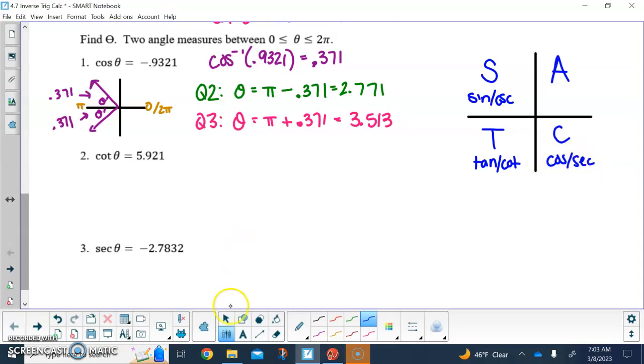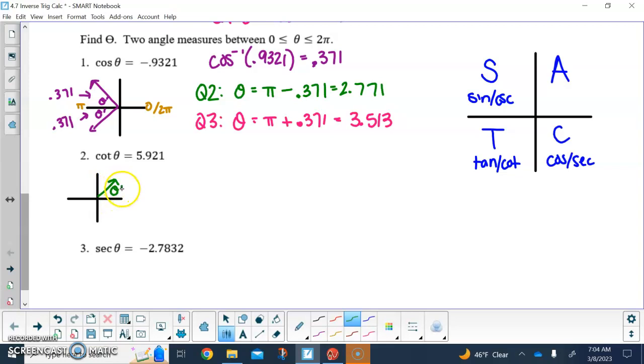All right, so one more quickly together, and then I'm going to let you do number 3 by yourself. Cotangent would be positive. So notice this time it's positive. Cotangent would be positive in quadrant 1, because everything's positive in quadrant 1, and again in quadrant 3.